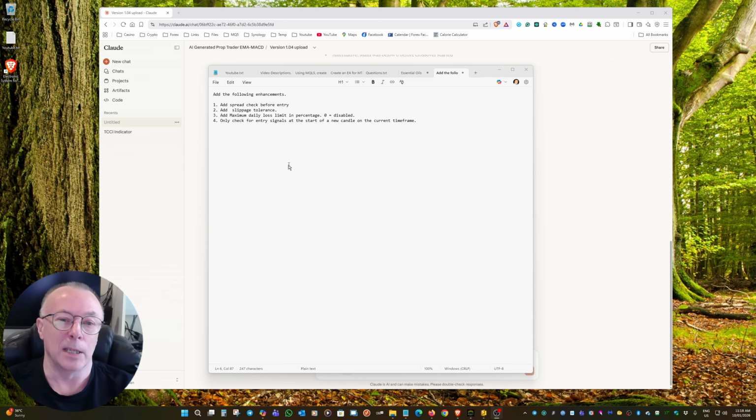But the problem is if it's in real time, it's actually giving us a false signal because the actual price crosses the line and then returns again inside the same time frame candle. So what we want to do is modify this in a way so that we only check entry signals at the start of a new candle. So we're looking at the candle that has just closed to determine if we're going to get an entry or not. Okay. Let's get started.